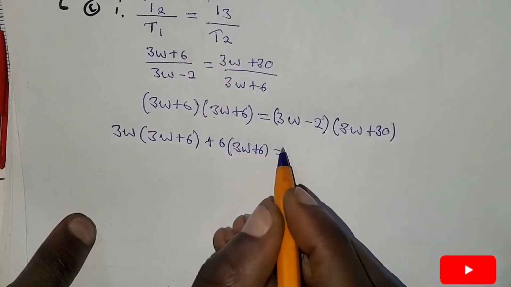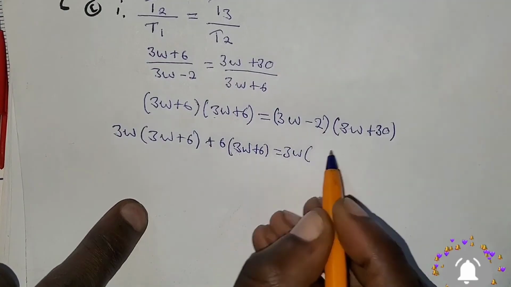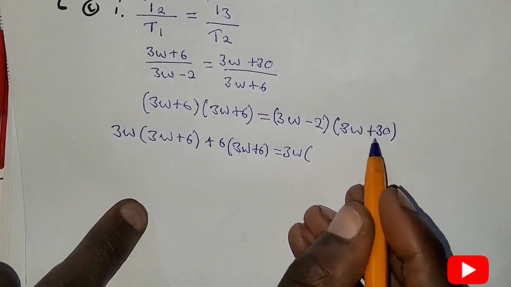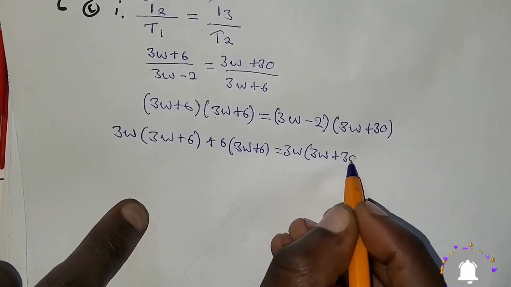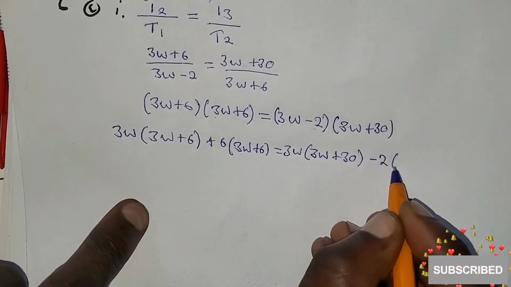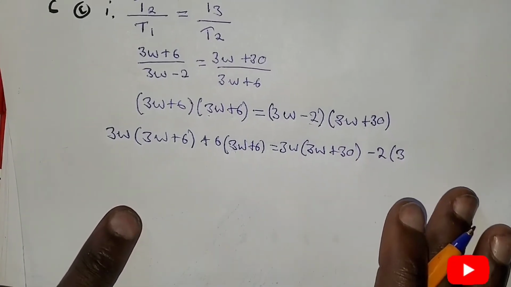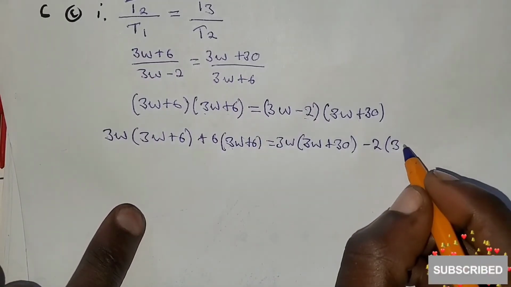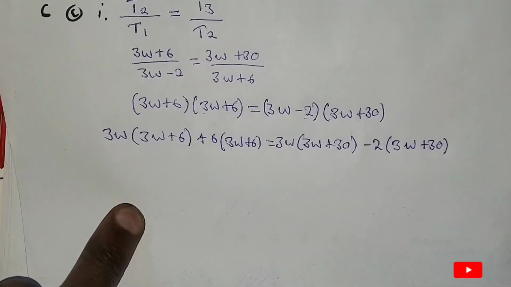Then you do the same here: 3w will be multiplied with 3w plus 30, then this negative 2 as well will be multiplied by 3w plus 30.